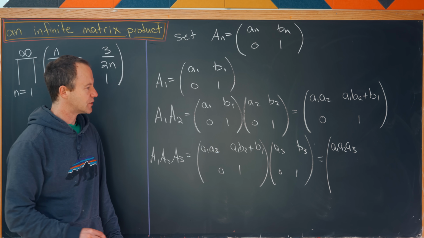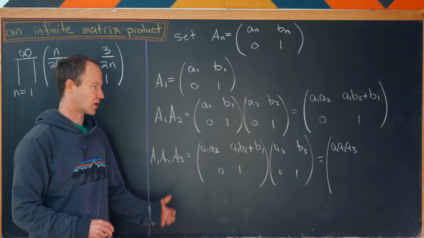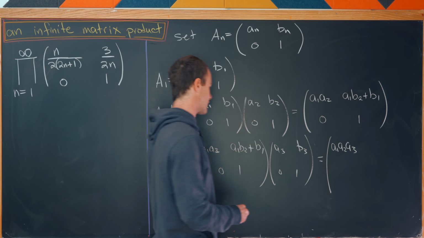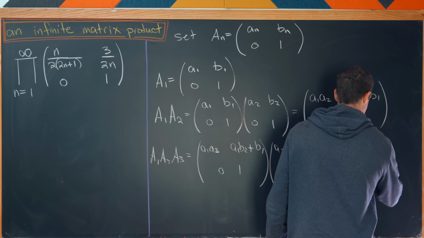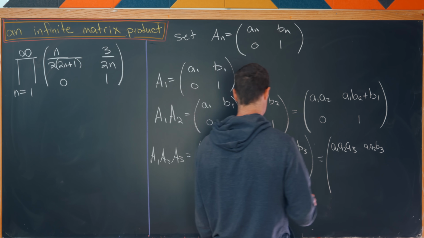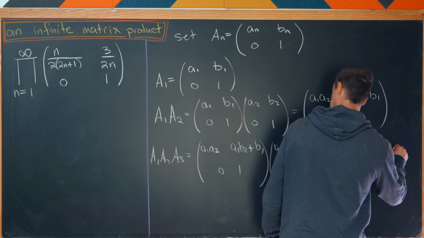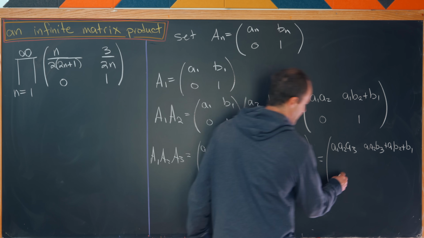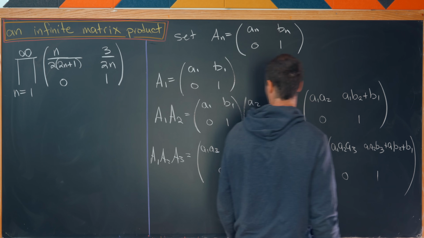In the upper left term, we'll have a1 a2 a3. In the upper right term, we'll have a1 a2 times b3, plus a1 b2 plus b1. And for the bottom row, we'll just have 0, 1.